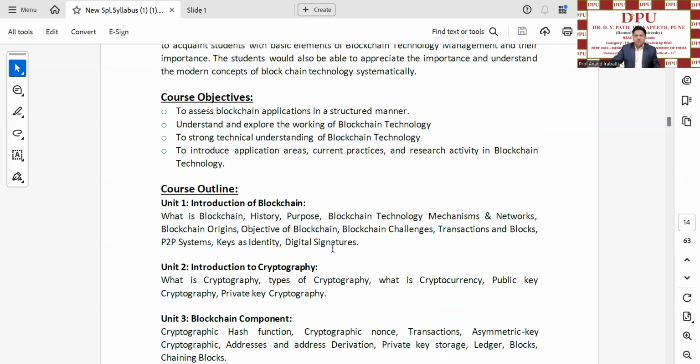So the first unit is Introduction to Blockchain.